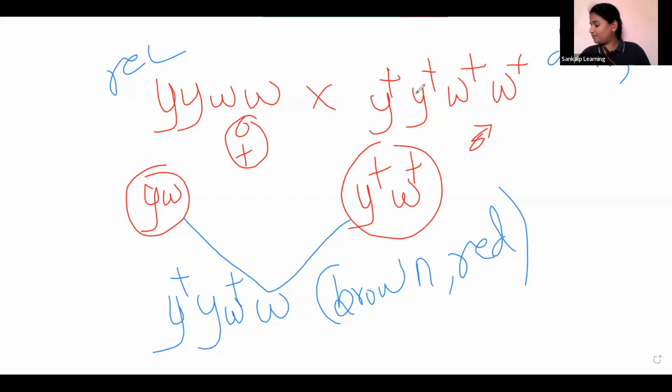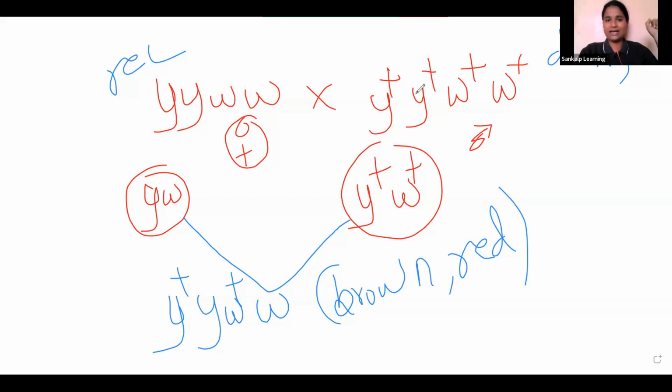After that, in the F2 generation, what happened is 98.7%, when we considered 100%, he got it from the parental type, that is brown bodied red eyed wild type.